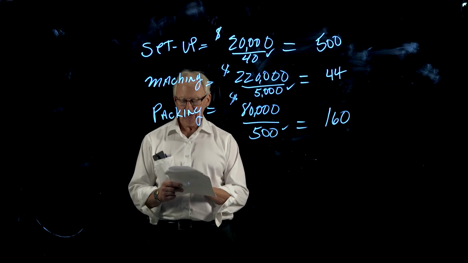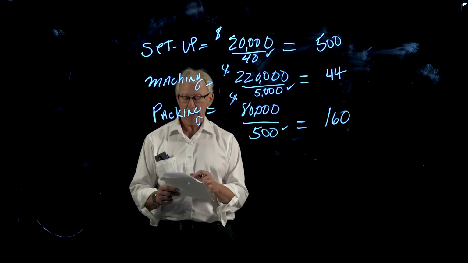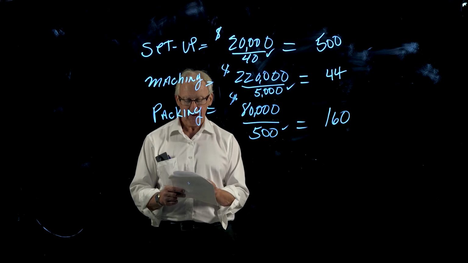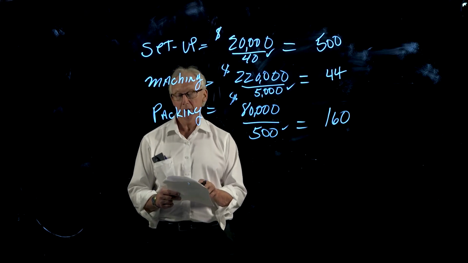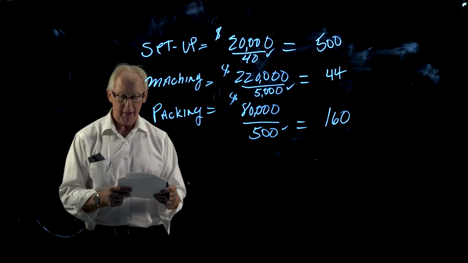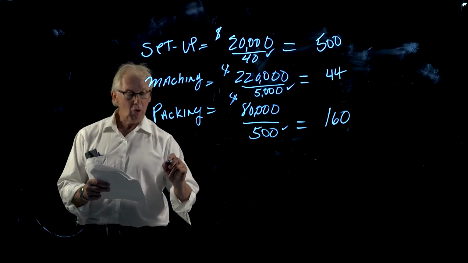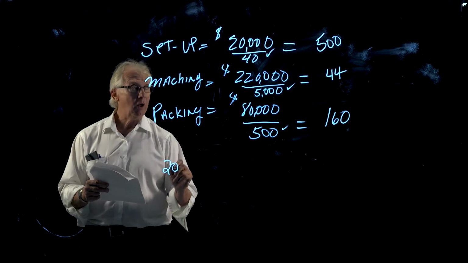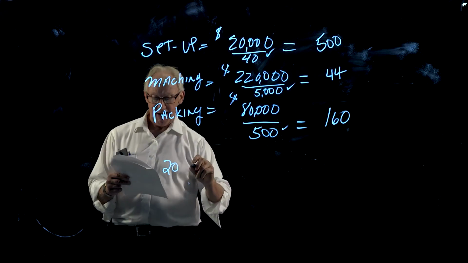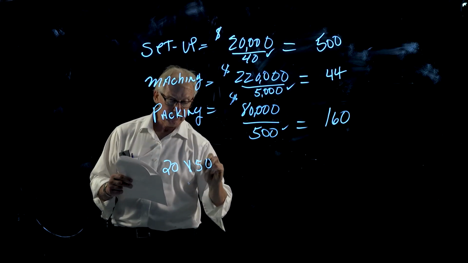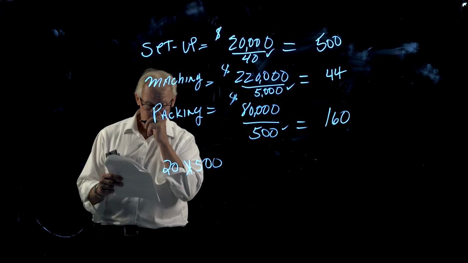Now, it says using ABC, activity-based costing, how much overhead is assigned to product A1 each year? If we go to product A1 and look at the number of setups, there's 20 setups in A1. Now, what's the rate for setups? 500, so 20 times 500.